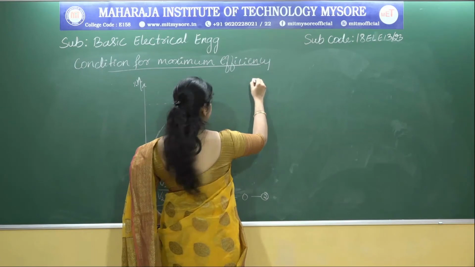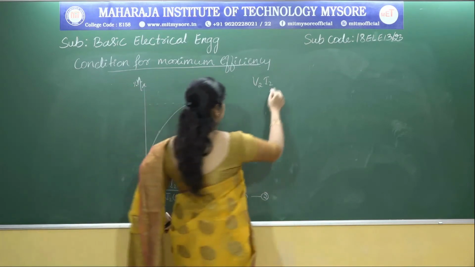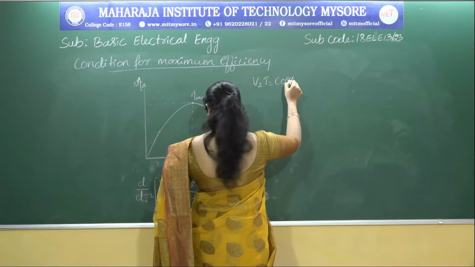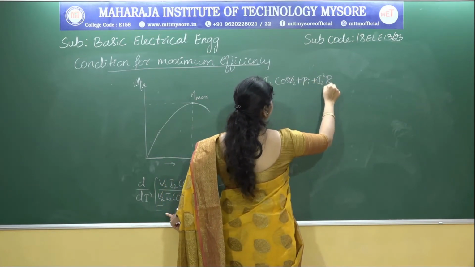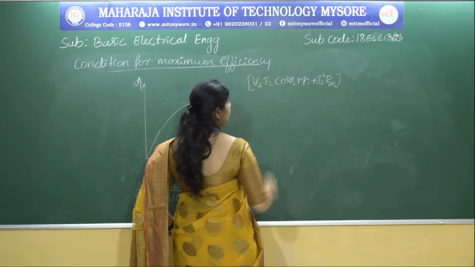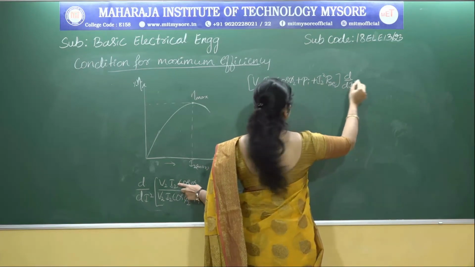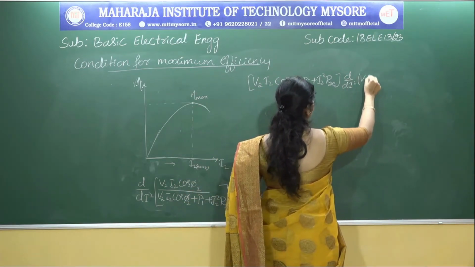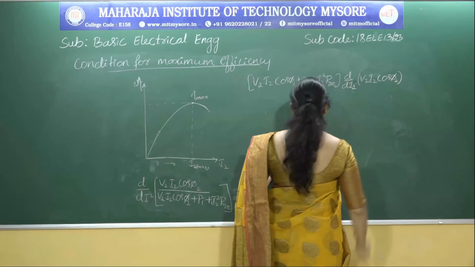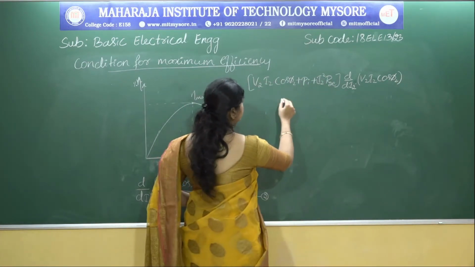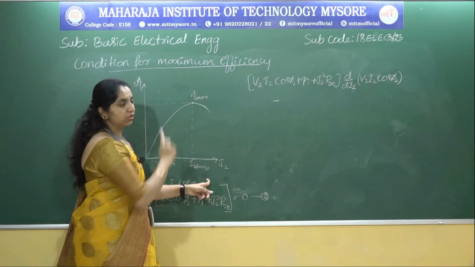Here I write the denominator part as it is, that is V2 I2 cos phi 2 plus Pi plus I2 square into R2E, and then differentiate the numerator term V2 I2 cos phi 2. I hope the next step is clear.